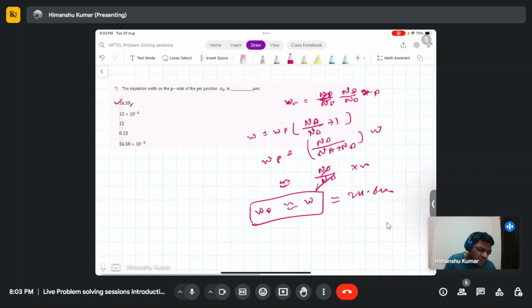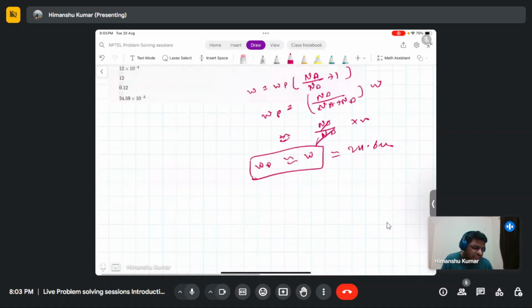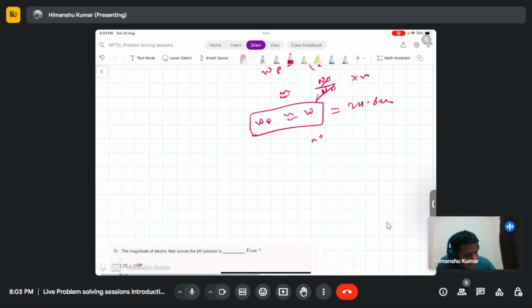And you can see, because this p type is lightly doped, this is an n plus p kind of junction, in which the depletion width in the p side is larger compared to the depletion width in the n side, which has a very sharp density.